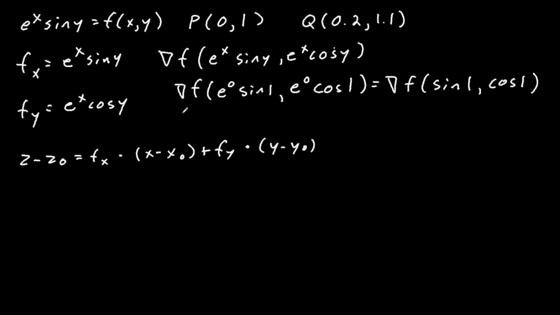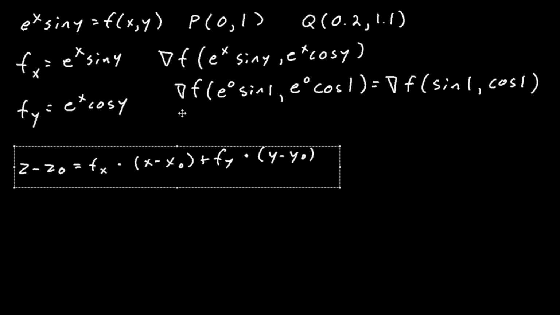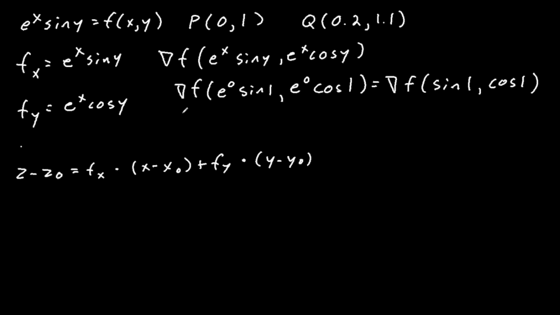Our z null value isn't found yet, so let's find that right now. In order to find z null, we just plug in 0 and 1 into our function, and we get sine of 1. So this is our z null value.